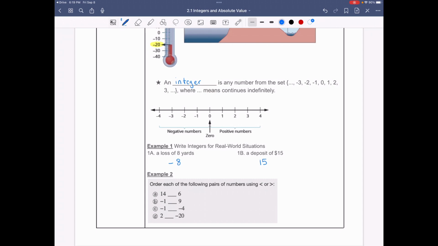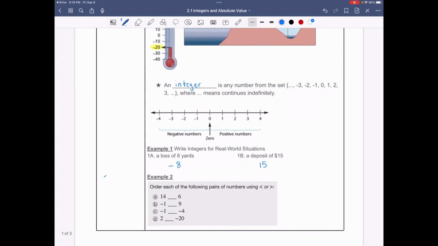In example 2, we're asked to order each of the following pairs of numbers using less than or greater than. Okay, so I want us to take a note of that. This symbol we read as less than, and this symbol we read as greater than.